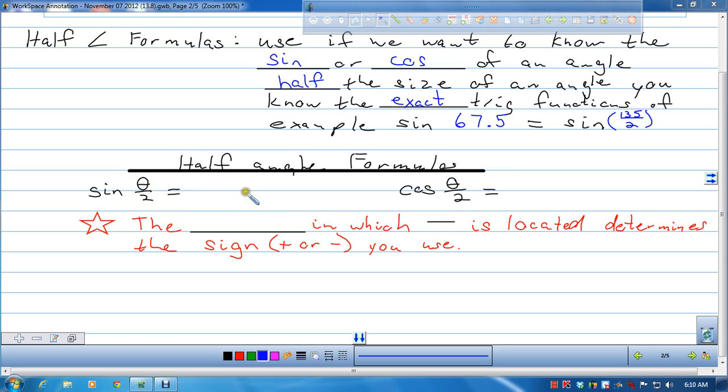The half angle formula for the sine is plus or minus, and it is a plus or minus because you have to take the square root of (1 minus cosine theta) over 2. And the half angle formula for cosine is also plus or minus because we take a square root of (1 plus cosine theta) over 2.